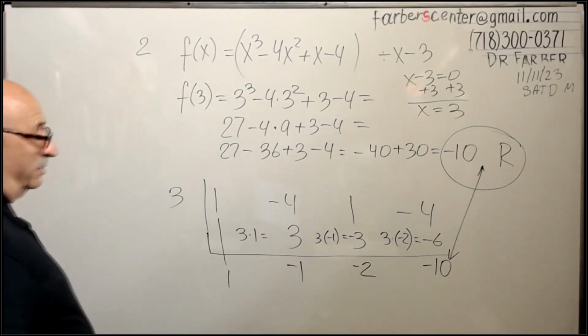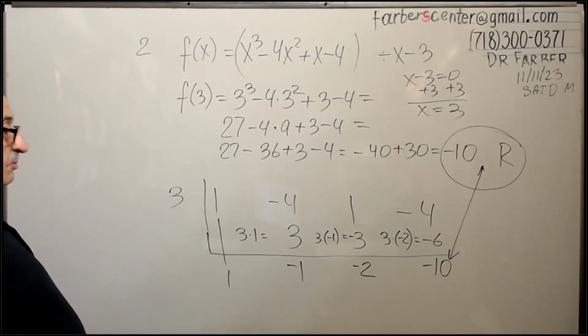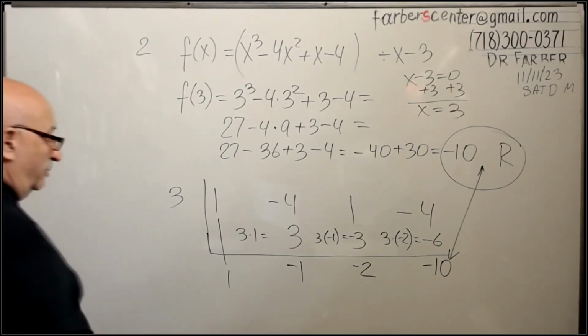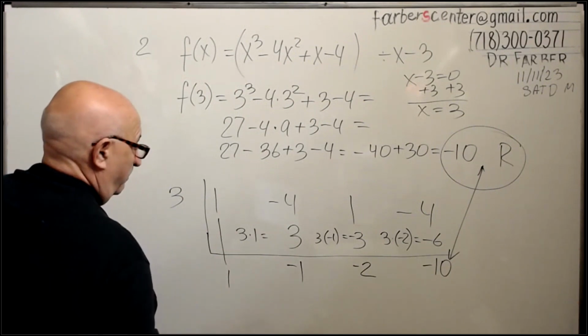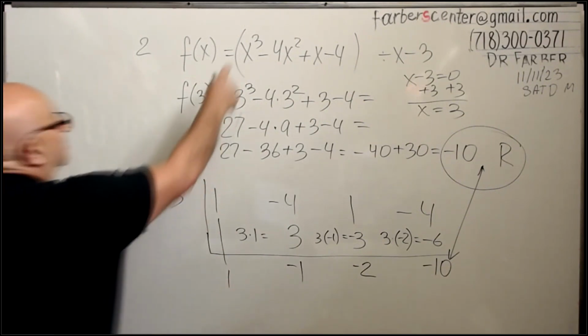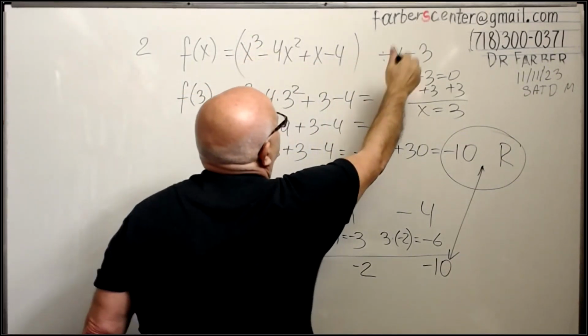Sometimes on the SAT, not so many times, they ask you to represent this in the form of quotient and remainder. How to represent this quotient and remainder? After division, the power decreased by 1 because you divide x cubed by x.